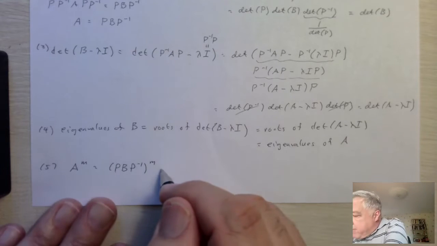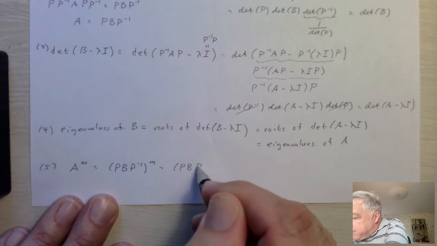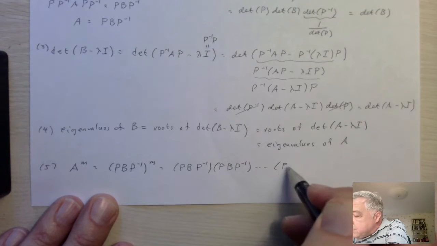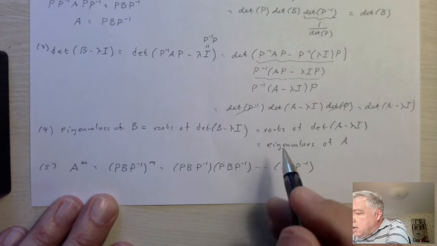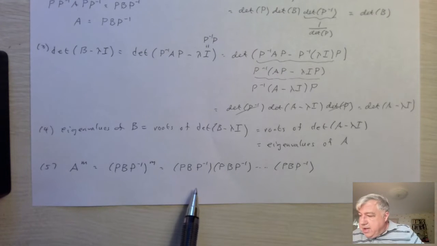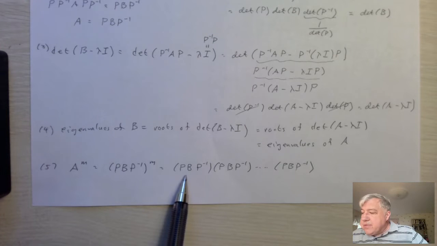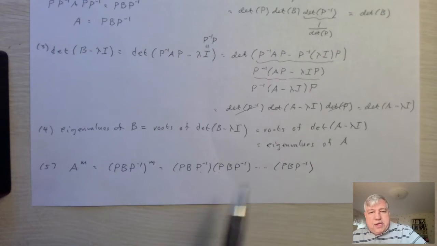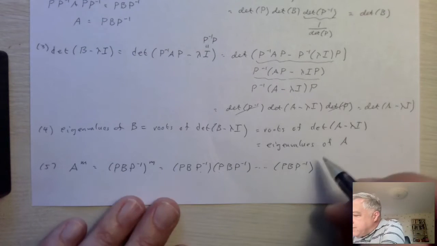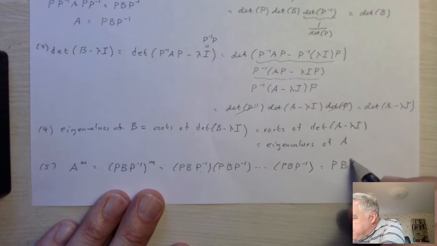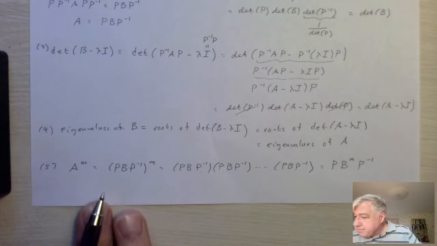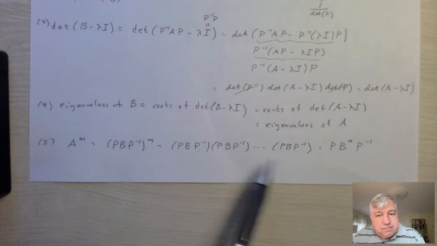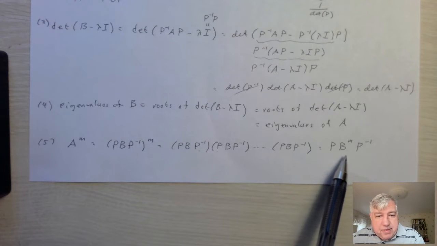And so we can rewrite this as PB P inverse, PB P inverse, multiplied by itself M times. And you'll see that the P inverse and P cancel out. All the P's cancel out except the one at the start and the one at the end. So this is going to be P, B to the M, P inverse. So A to the M is similar to B to the M.